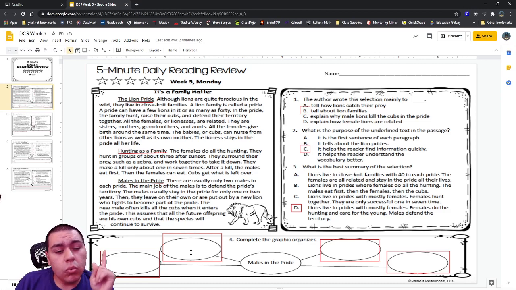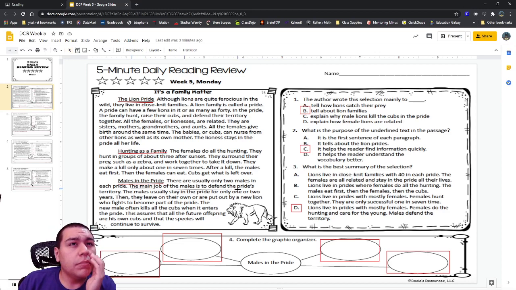Who can give me one piece of information, one fact from my passage that talks about male lions in the pride? Haley, what's one fact that they told us about male lions in the pride? Okay, and I can see that here in paragraph 3.